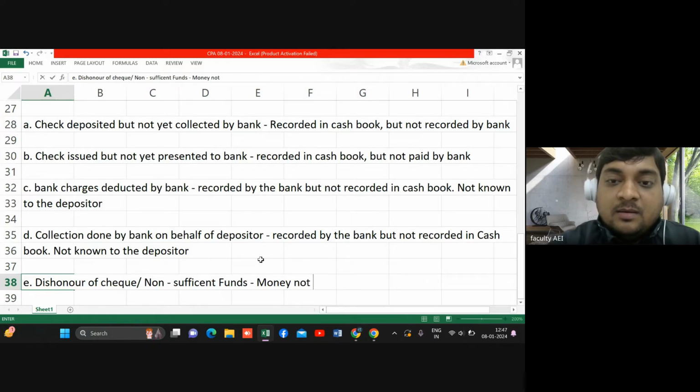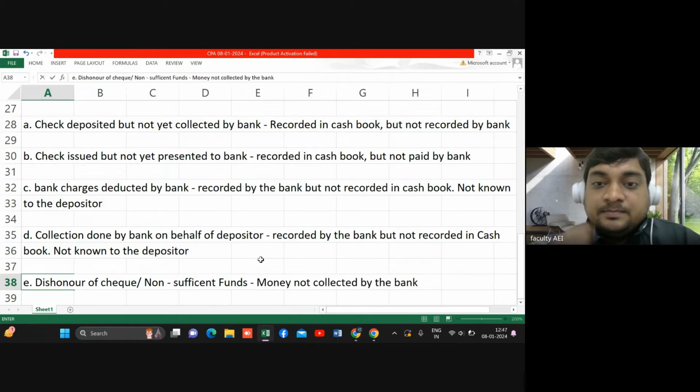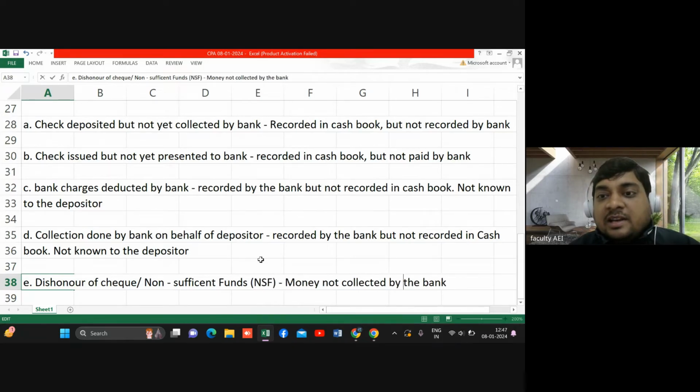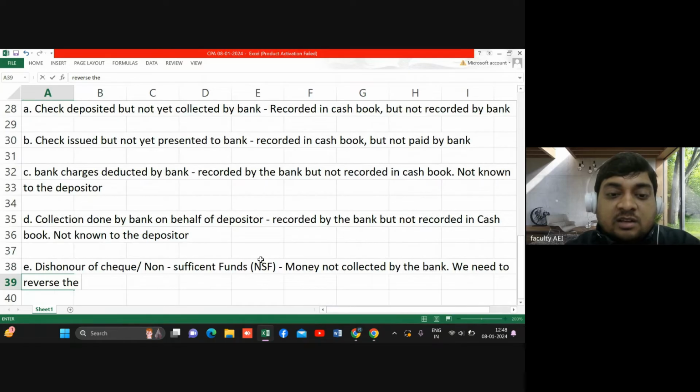Money is not collected by the bank. So basically, we are finding that we need to reverse the entry for check deposited.